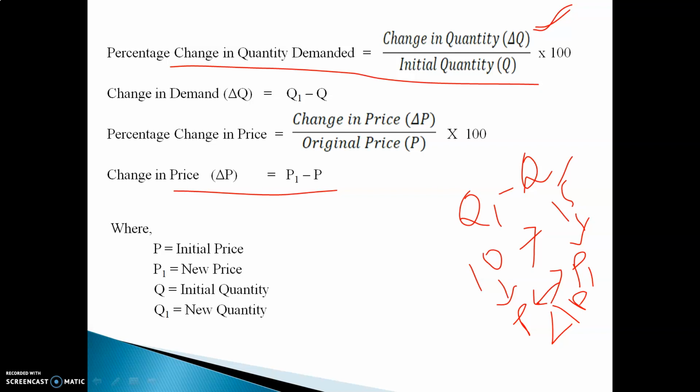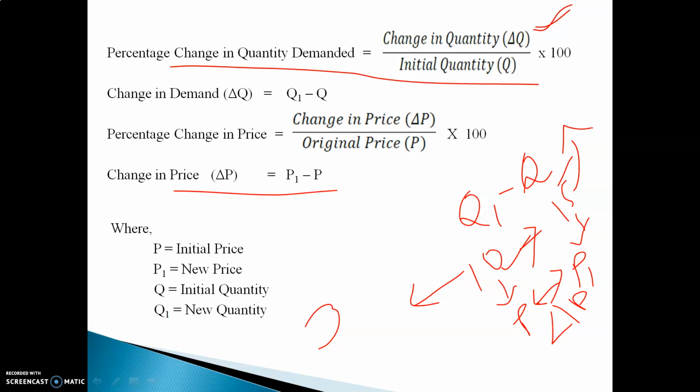Similarly, in the case of quantity also, due to the change in the price level: at price 10, how much quantity is demanded? Suppose you used to consume 3 units at price 10. Now when the price has increased from 10 to 15, you need to reduce your quantity demanded.